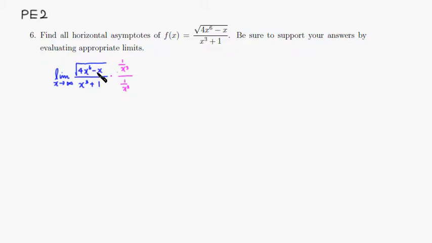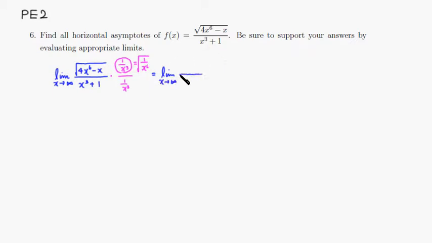In order to squeeze this inside the square root, I'm going to rewrite 1 over x cubed as the square root of 1 over x to the 6th power. If you multiply out, you get this, with the limit as x approaches infinity.